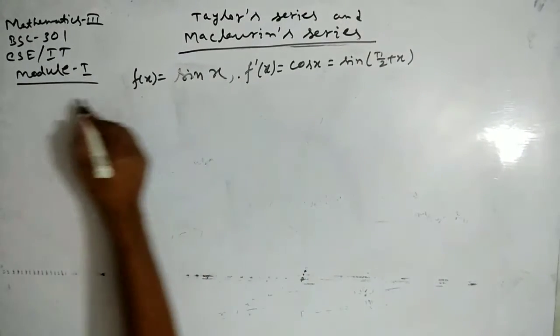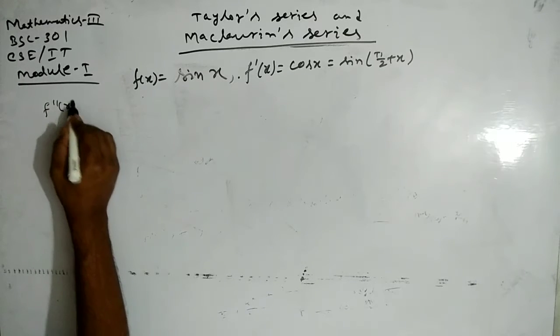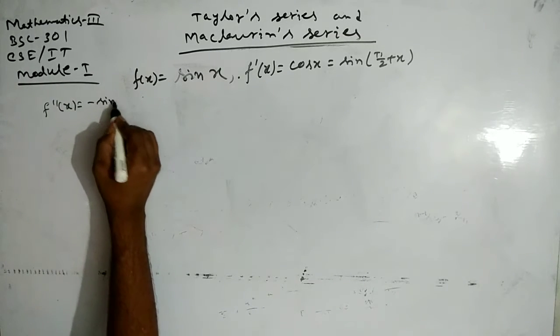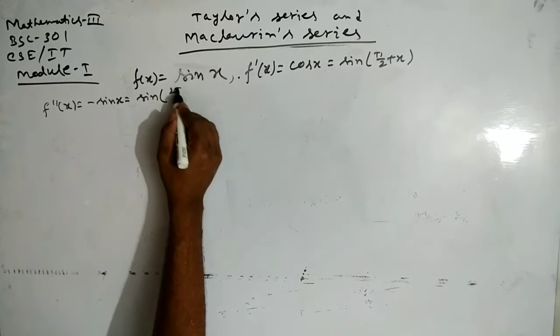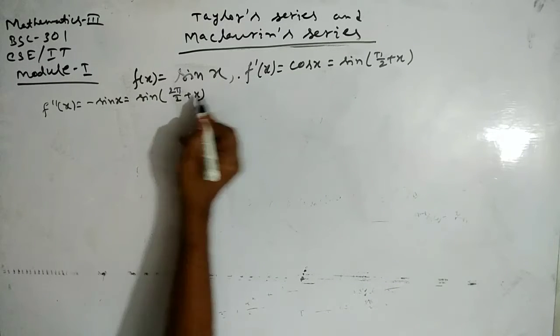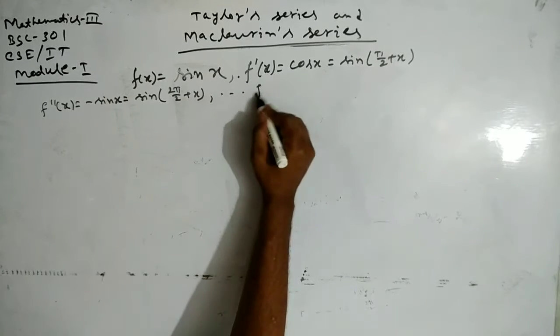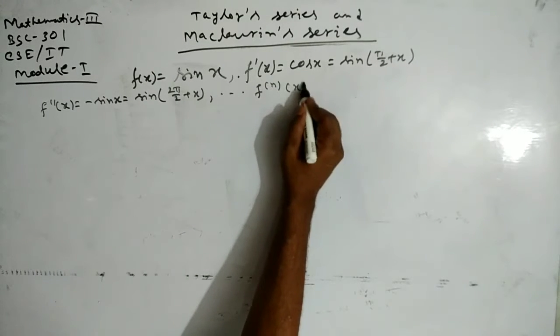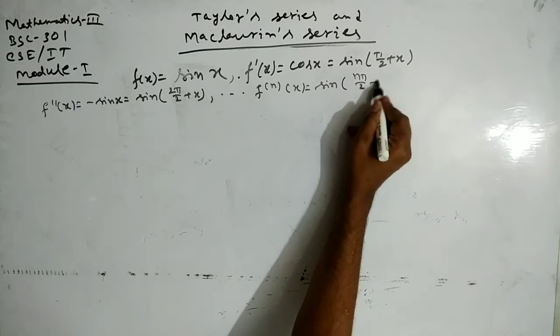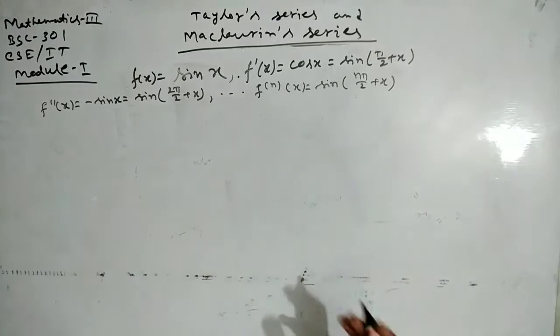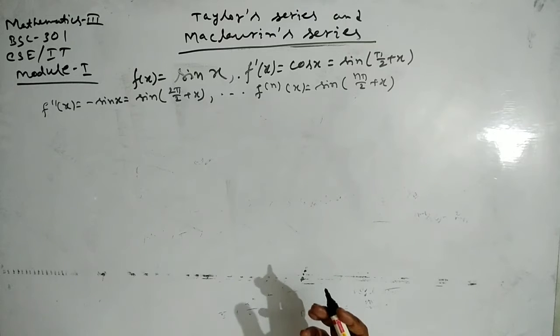Next, f double dash x will be minus sin x, and that can be written as sin of 2 pi by 2 plus x. And in this way, f n x will be sin of n pi by 2 plus x. This is the nth order differentiation of sin x.